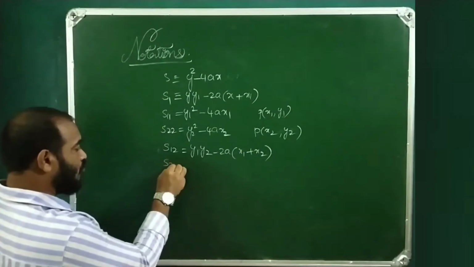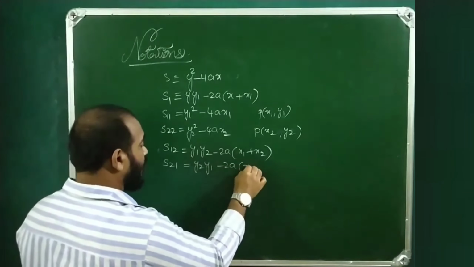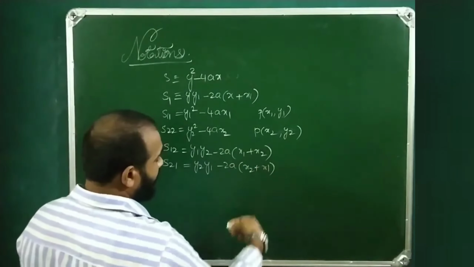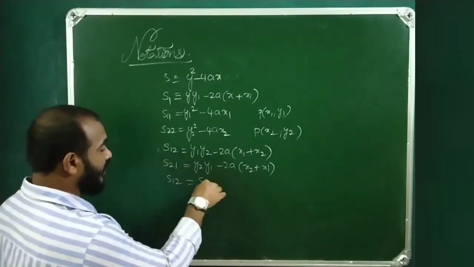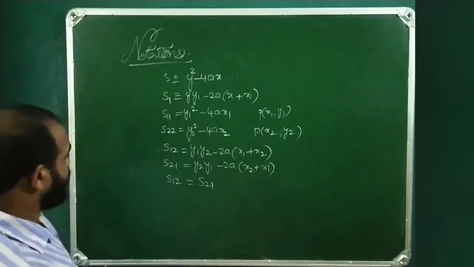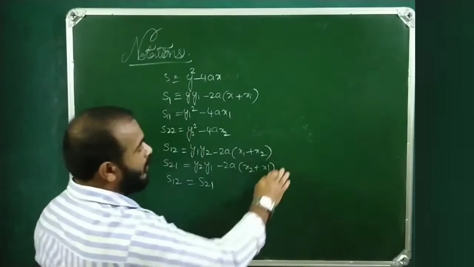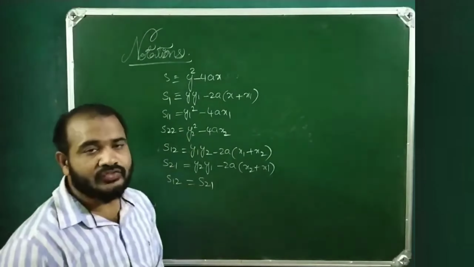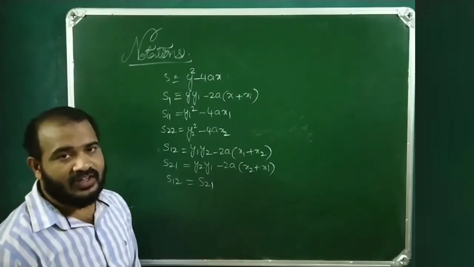If you see S21, this is y2 y1 minus 2a into (x2 plus x1). If you observe, S12 is equal to S21. So these are the various notations of this parabola, and these notations we have also discussed in the chapter on circles.